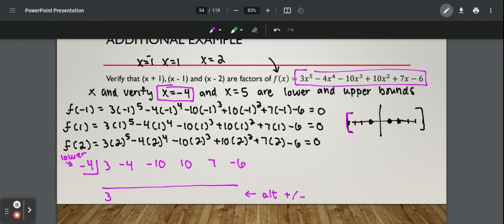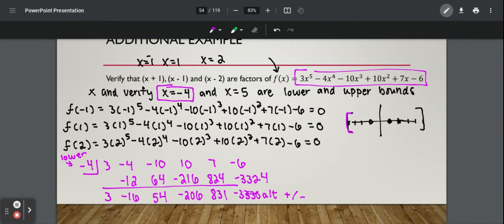So when we bring down the 3 and multiply, we get -16, and multiply, and then we get 54, and multiply, and we add those, remember, so then 206, we get 824, so we get 831, and then we get -3324, so we get -3330.